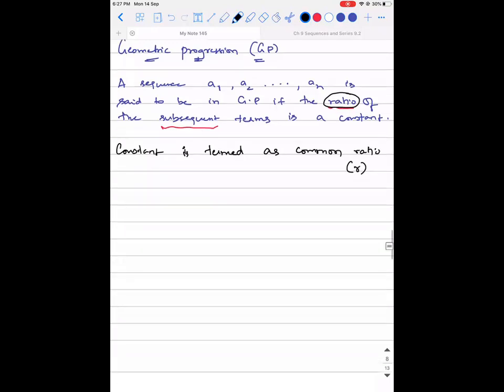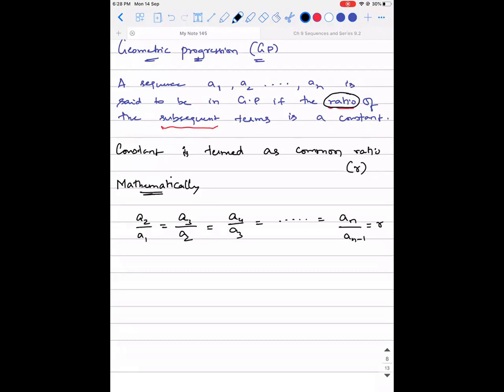Okay. So listen. Mathematically, A2 by A1 is equal to A3 by A2 is equal to A4 by A3 is equal to so on. AN divided by AN minus 1 is taken as R. So what did I do here?